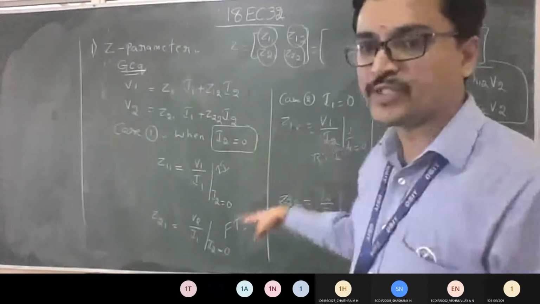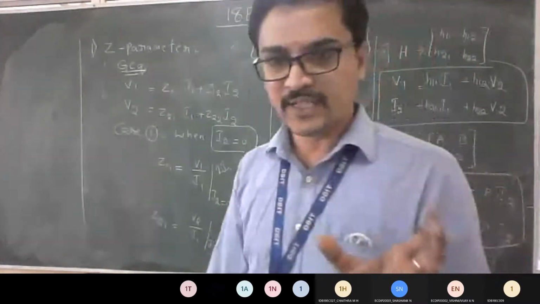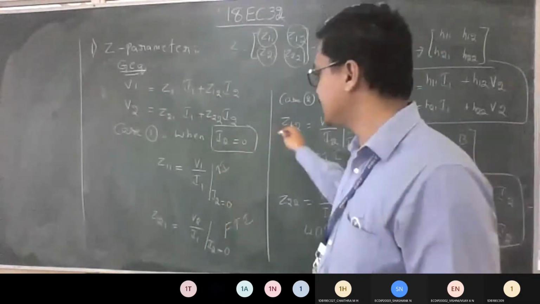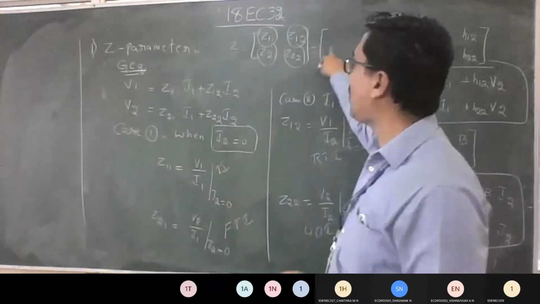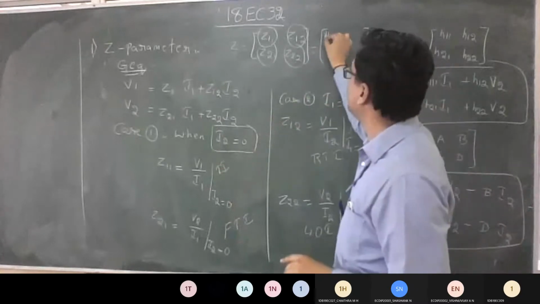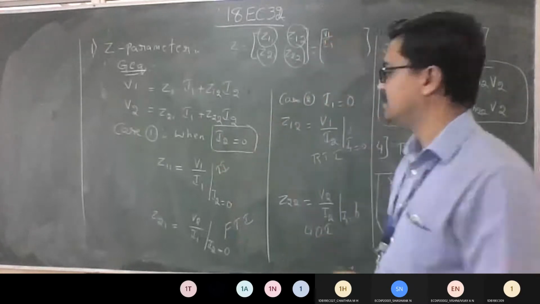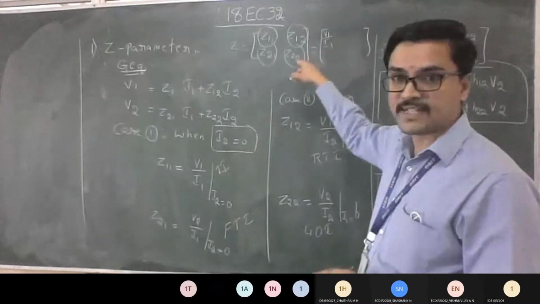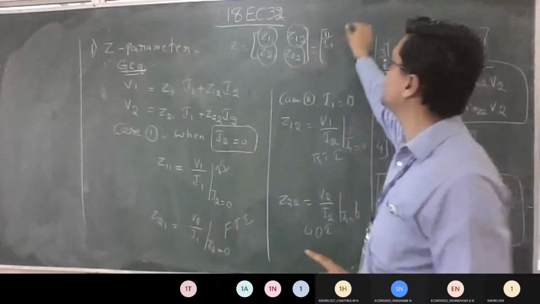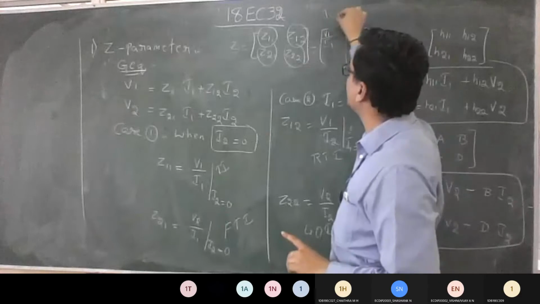All four coefficients we have found with different names. This is what you need to find. After finding this, you just need to write all the answers here. So what is the answer here? V1 by I1. Don't make mistakes again. This is Z21, so this column belongs to your I1, I2.